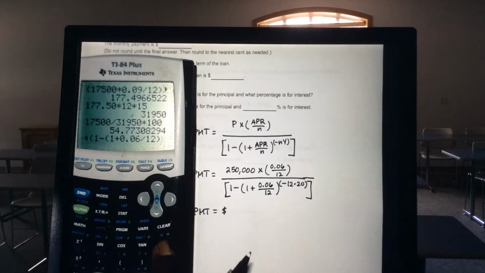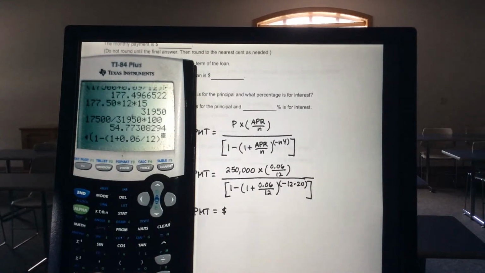And then press the hat key for your exponent. And then if you want to, you use left parentheses here, and then press the negative key at the bottom, and then 12 times 20. Close that parentheses. Then use your right arrow key to get out of it, and then close it again. And then hit enter.